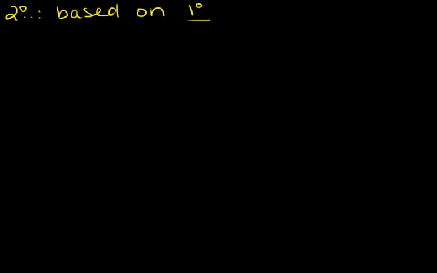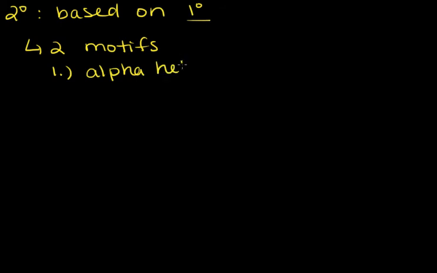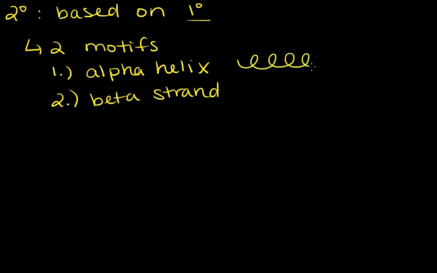There are two motifs you can look for that are secondary structure: one is called the alpha helix, and the second is called the beta strand. These are the first two letters of the Greek alphabet, alpha and beta. The alpha helix looks like a ribbon, a curlicue, and the beta strand is most of the time depicted as an arrow.